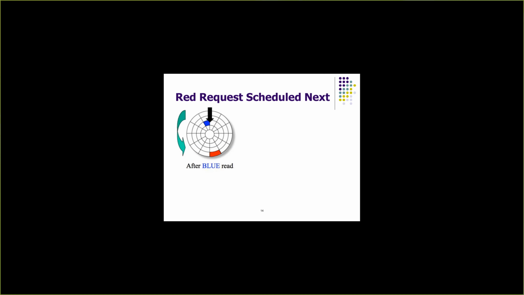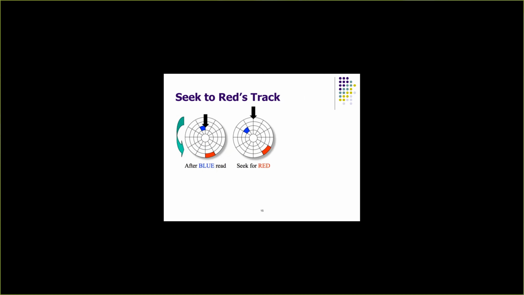Now, let's say the next request comes, and we want to read the red sector. In this case, first the read head will seek to the track containing the red sector. Here the read head is at the track of the blue sector, so now the read head will be moved backwards so that it aligns itself to the track of the red sector.